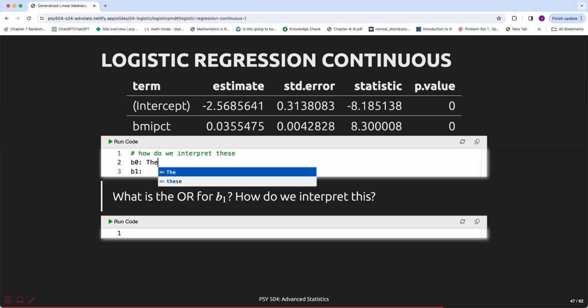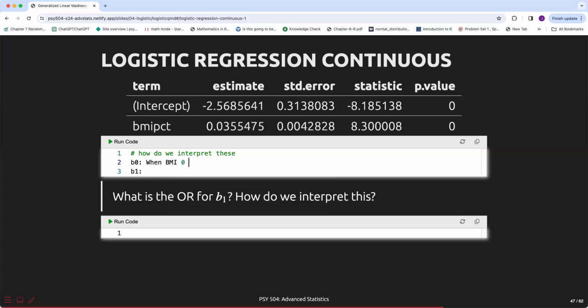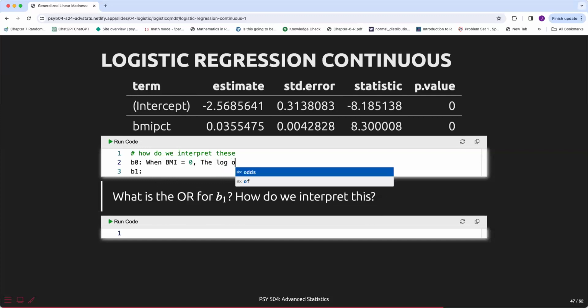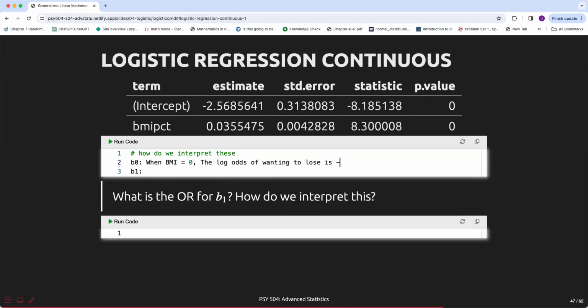So when BMI is 0, and we should probably center this variable since I don't think you can have a BMI of 0, but for interpretation, when BMI equals 0, the log odds of wanting to lose weight is negative 2.57, right?